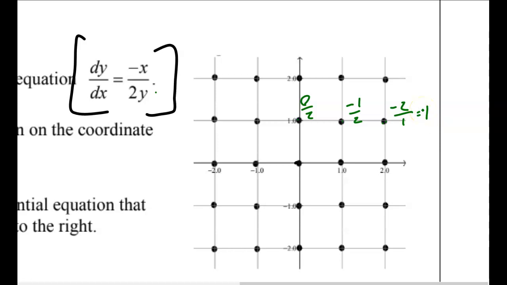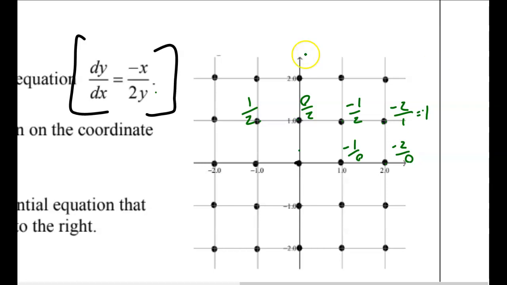And let's do a point over here, where I get 1 over 2. Let's do this point (2, 0). Here I get negative 2 over 0. Uh-oh. Here I get negative 1 over 0. Uh-oh, right? So those points are not going to get a slope. We'll do just a couple more.